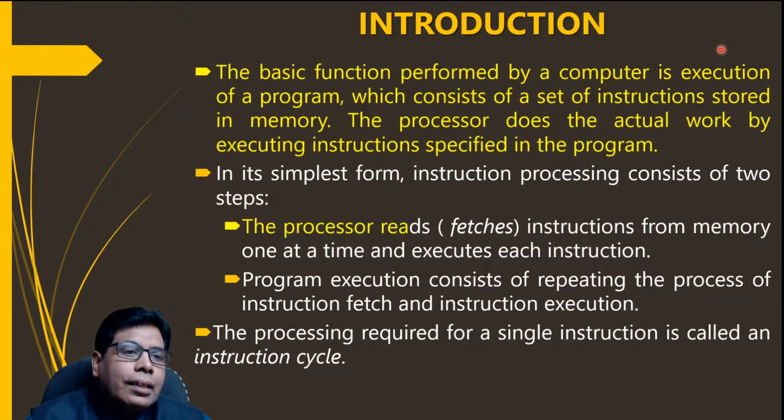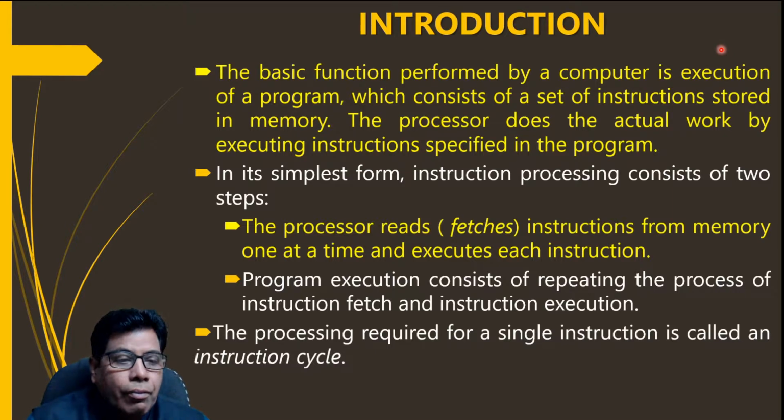Now, in its simplest form, instruction processing has two steps. The processor first reads or fetches the instruction from the memory. Now, this reading of instruction is done one at a time and then it executes each instruction.